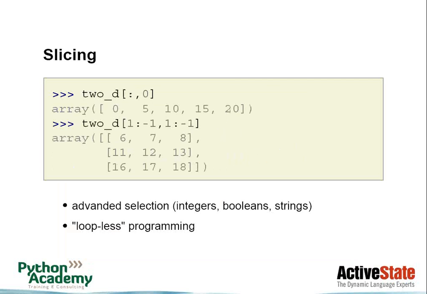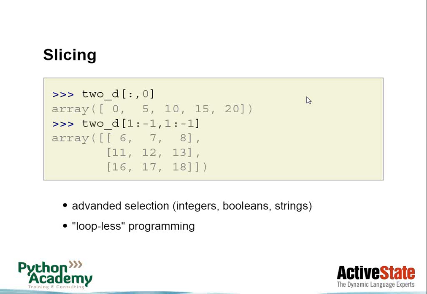Thanks. Okay, so slicing again. If you look at this slice, if you like, you can also slice column-wise. If I use this colon before the comma, that means take the full first dimension, and then the zeroth element of the second dimension, which gives you the column.